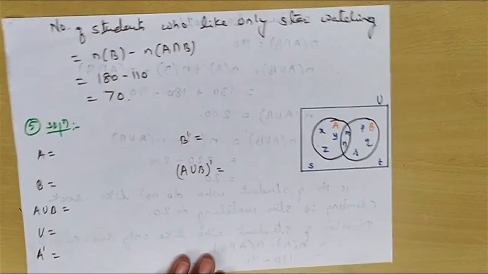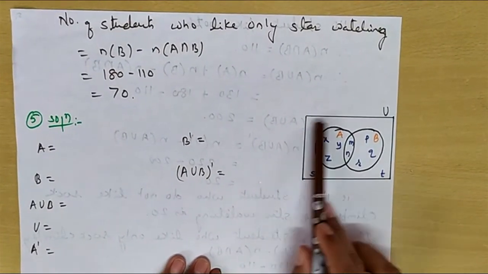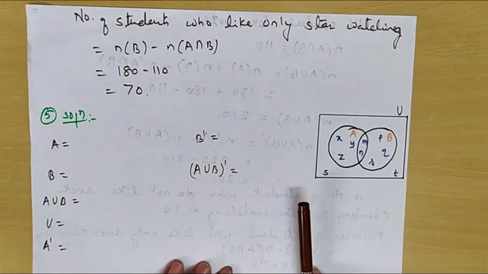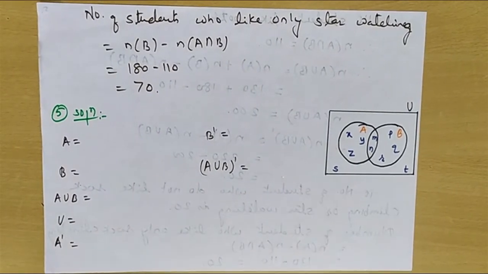Okay, now in the fifth question, the last question, they have given one Venn diagram, and from the Venn diagram you have to write the following sets.